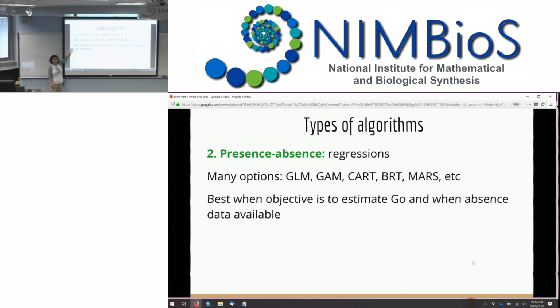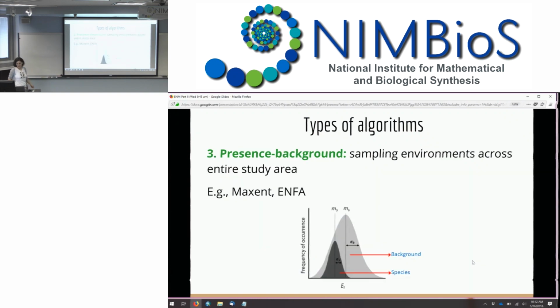If we have absence data, this would be the best, I would say, and not just me, but some of us in the field would say this would be the best approach. Now, talking about absence data, I think Town will talk about it, maybe it's another whole can of worms. What is absence, detection, biotic interactions, all that. But if we are in a good situation of having both presence and absence, regressions are the best, and they allow us to get very, in theory at least, very close to that observed occupied distribution of the species.